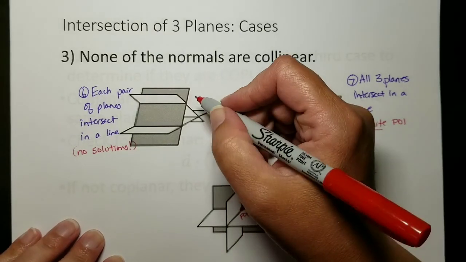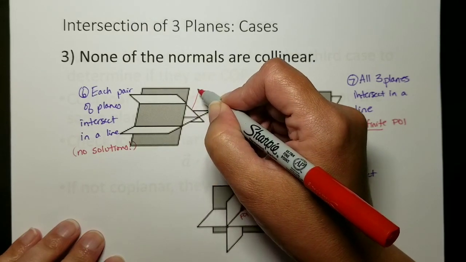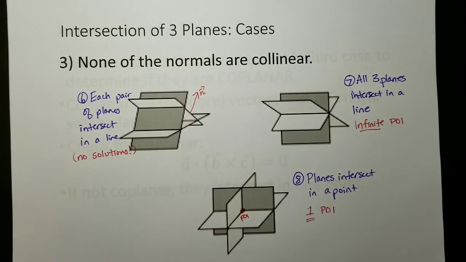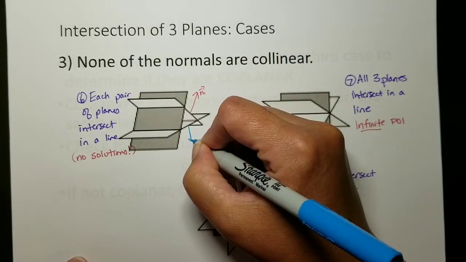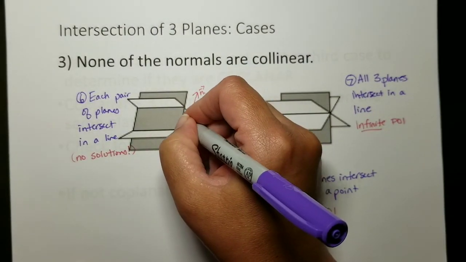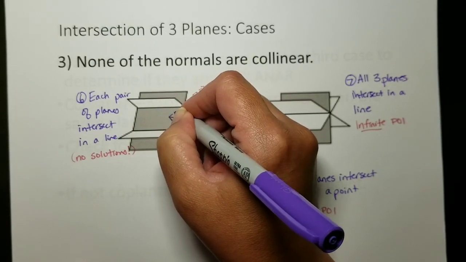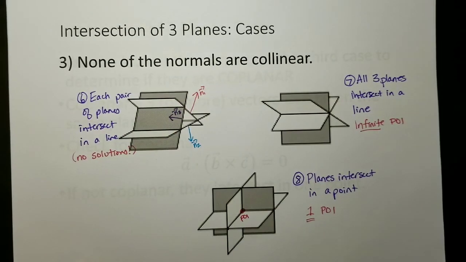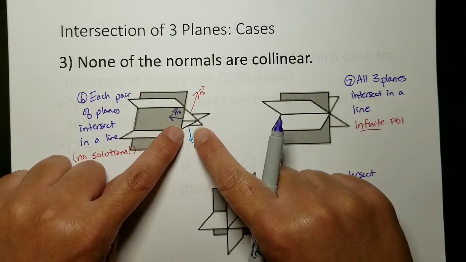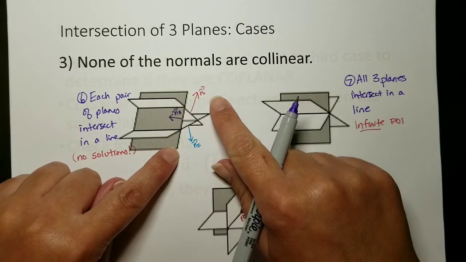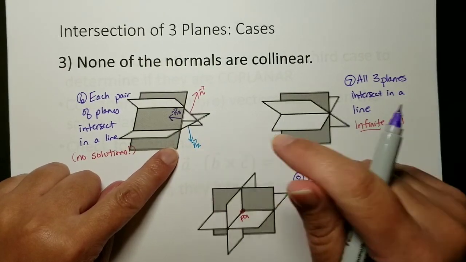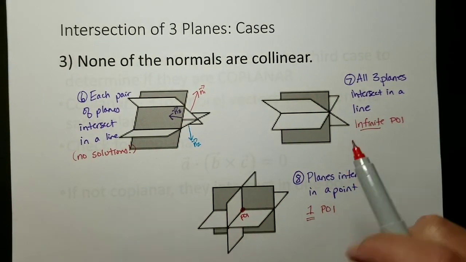And if I was to draw the normals of all 3 of these, and this is going to be kind of a hard thing to picture, I hope that you would be able to imagine what would happen if you put all of those normals tail to tail. Those normals are going to all be on a flat surface. They're going to be coplanar. And then same with this one.